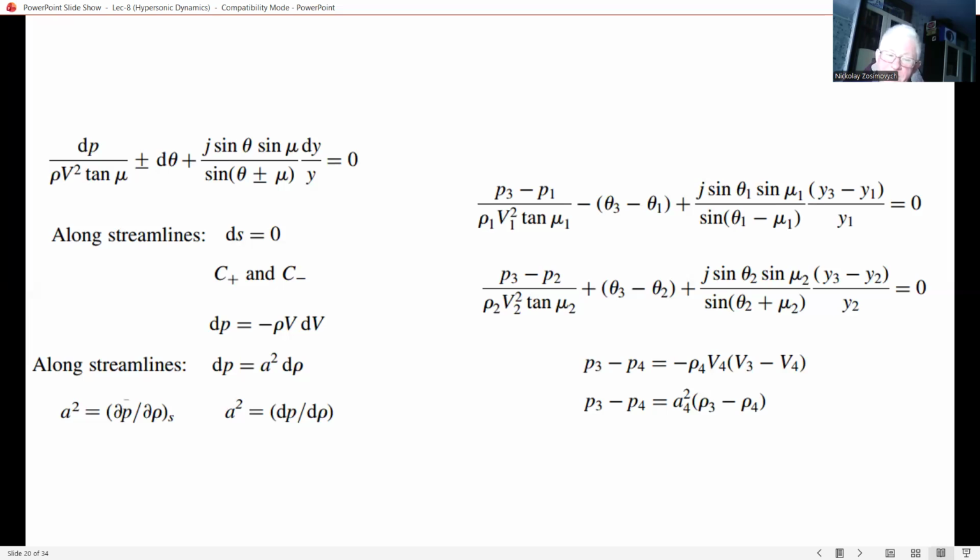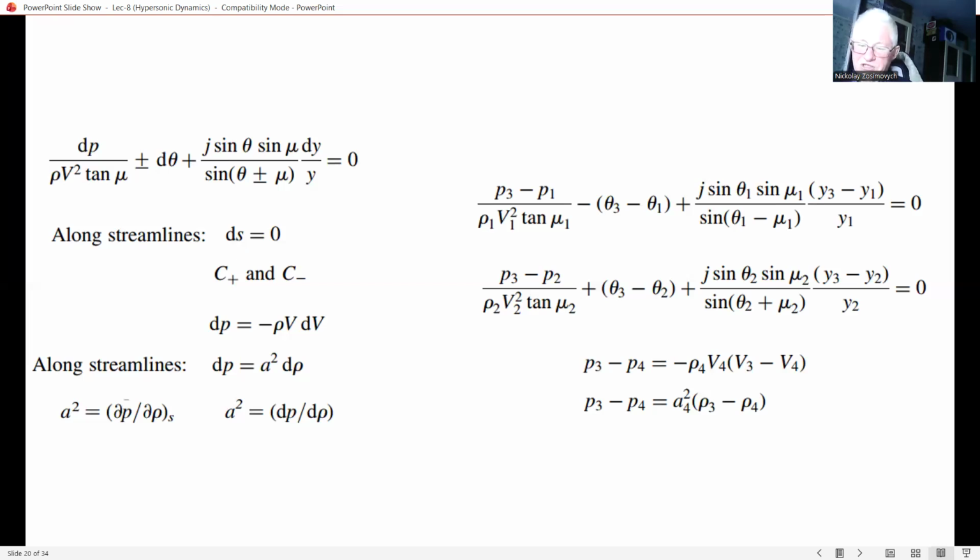So J must be equal to 0 for two-dimensional, and J must be equal to 1 for axisymmetric flow. Okay? And the next equation, ds equals 0, is simply a statement that the entropy is constant along a streamline in inviscid adiabatic flow. So the statement already contains this equation.